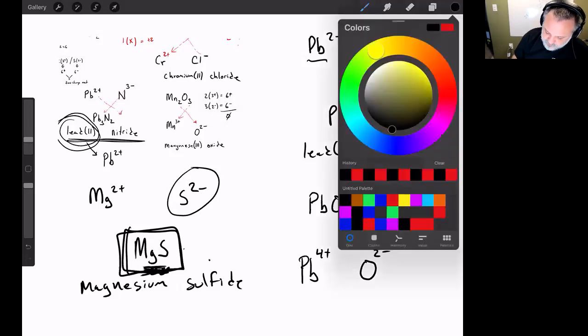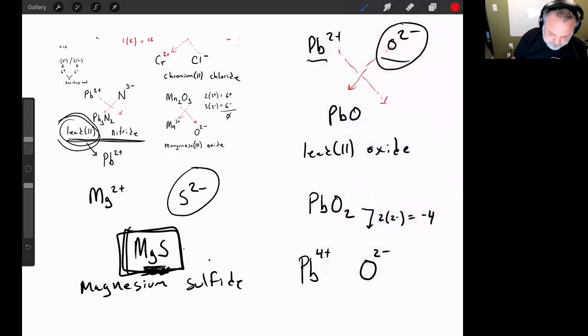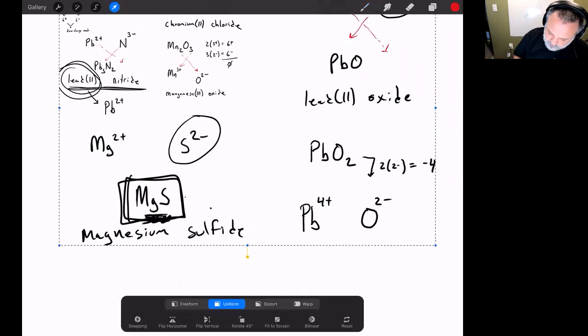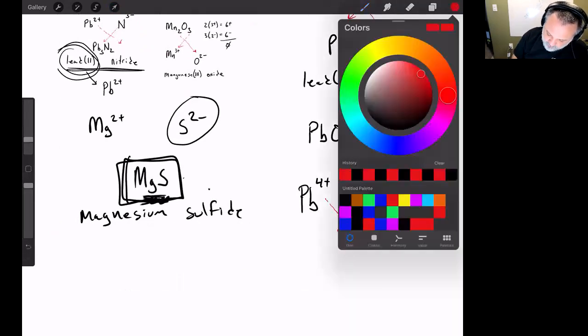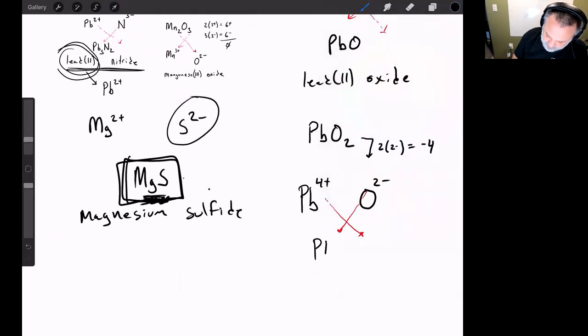And so if we were to check our work and try to write the formula using the cross-down method, we would first write Pb2O4. But then we would say, okay, that's not the lowest whole number ratio because I can divide both of those by 2.